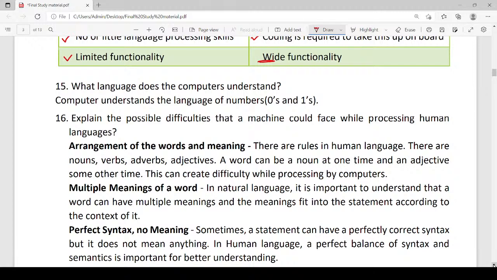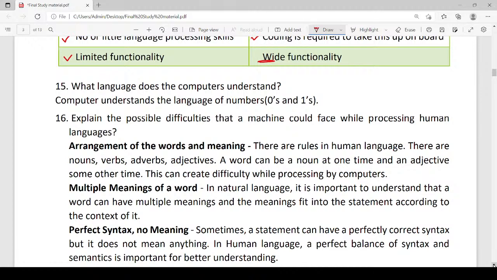Please stop spamming the chat section. Do you know the meaning of the word syntax? Yes, the grammatical structure of the sentence. Excellent. The rules to make a sentence. Very good. The format. Right.